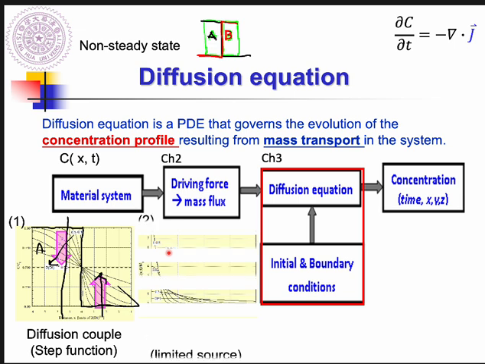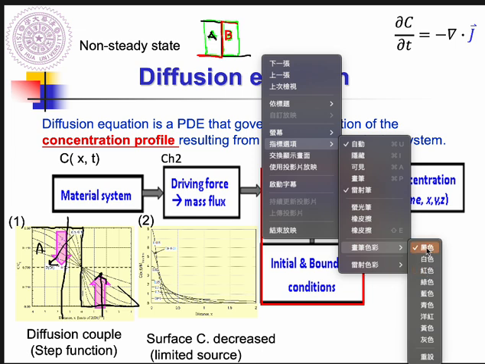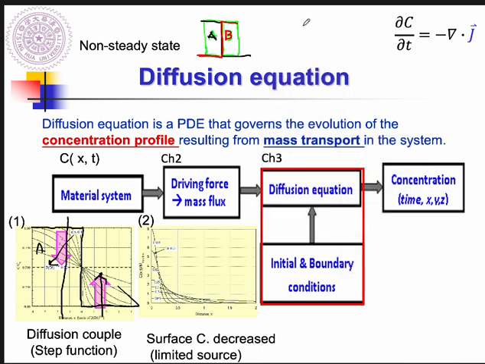And next would be the surface concentration case. Case 2 is here. You have the substrate, and a thin layer of diffusing atoms on top of your substrate.